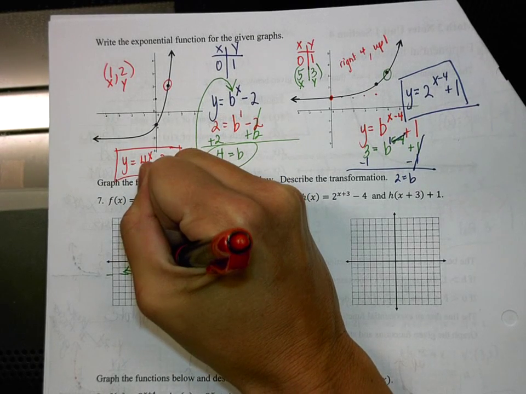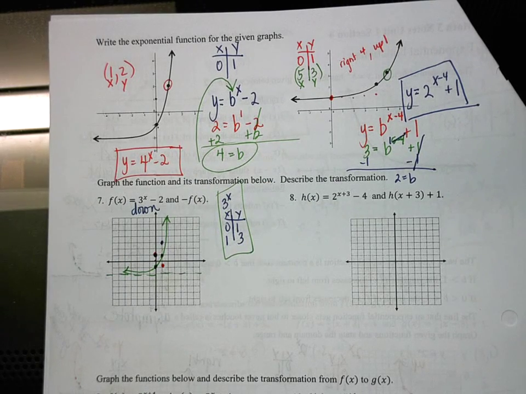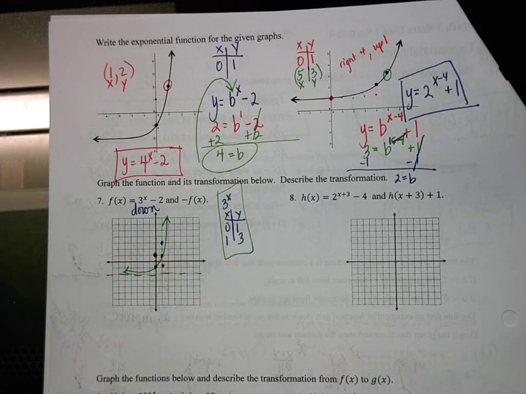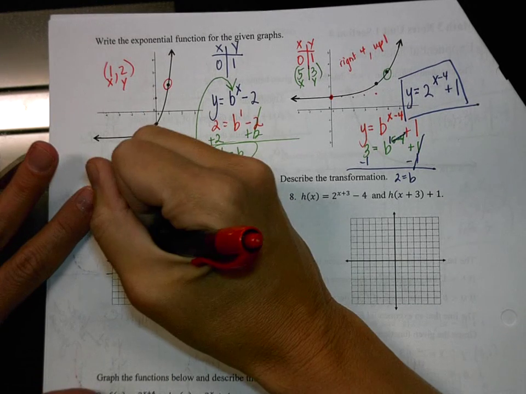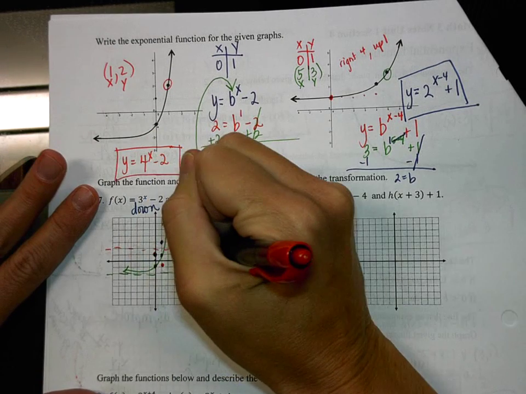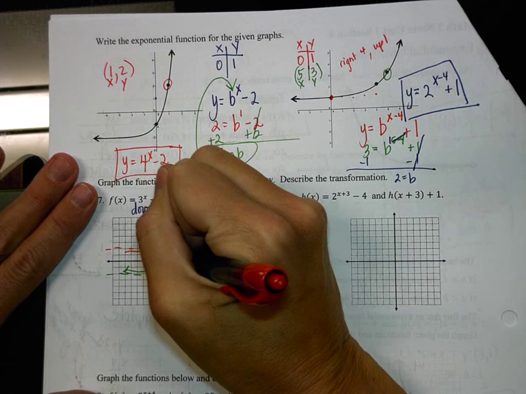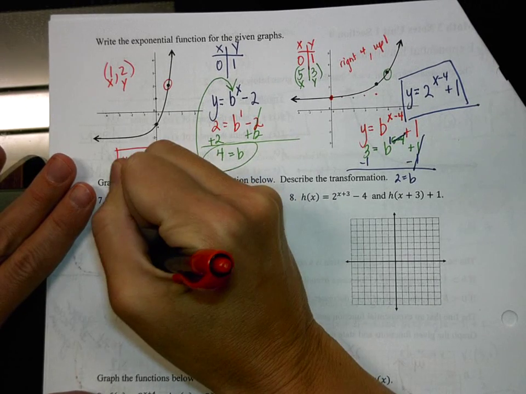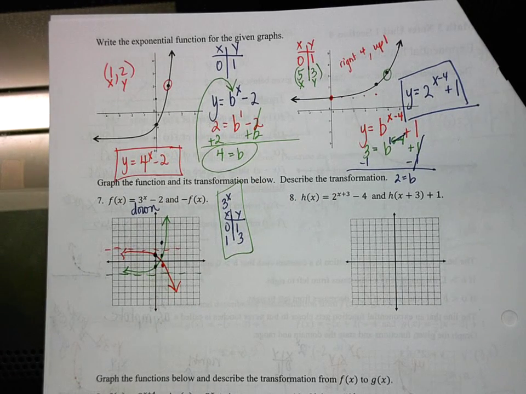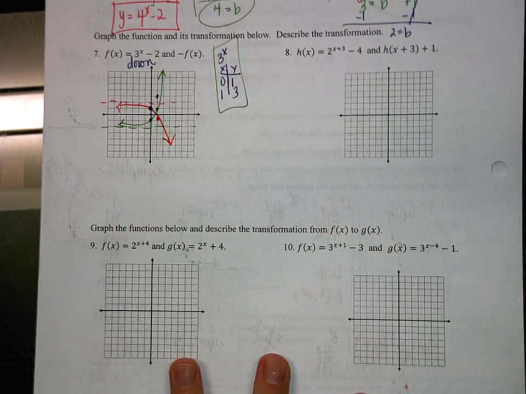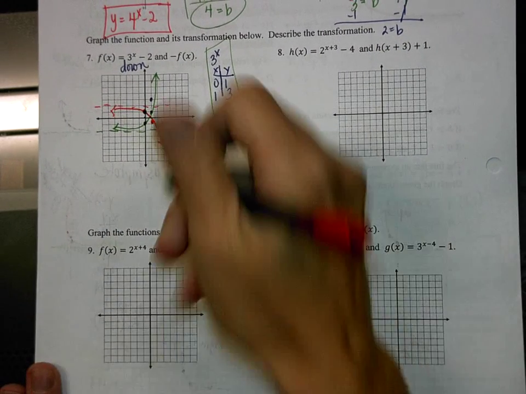Where do you think my asymptote would be for a reflection across the x? At +2, good. And so my red graph and my green graph are kind of opposites of each other, and it looks like that. And we would state that it reflected across the x-axis.